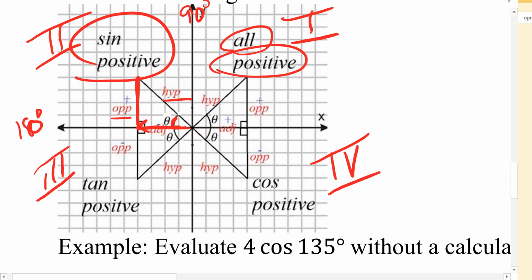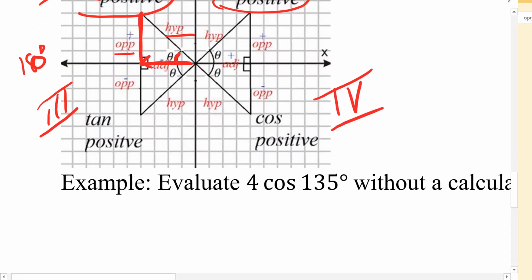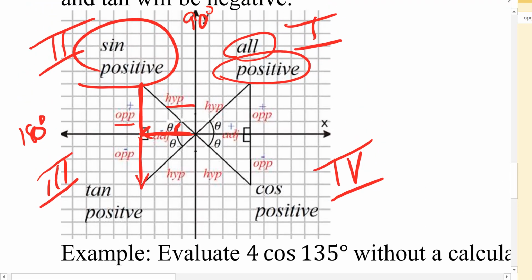All right, in the third quadrant, think about what's happening. X is going to the left and y is going down, so both of them are negative. Your adjacent side and your opposite side are both negative. Your hypotenuse is always positive, like I said before.